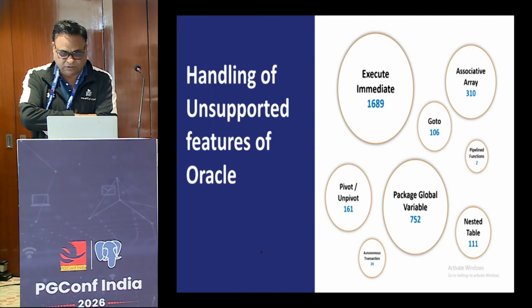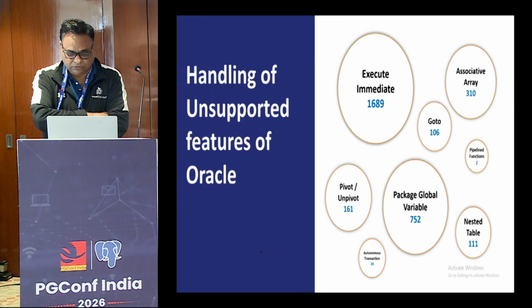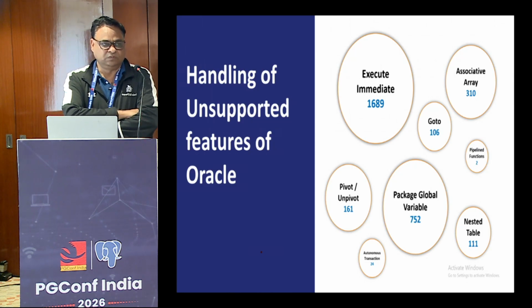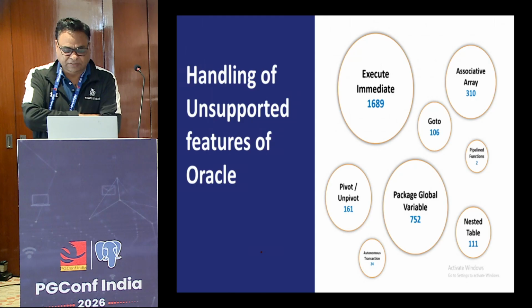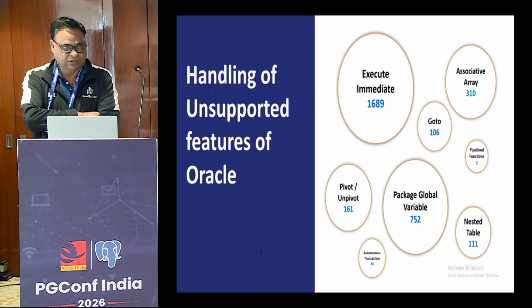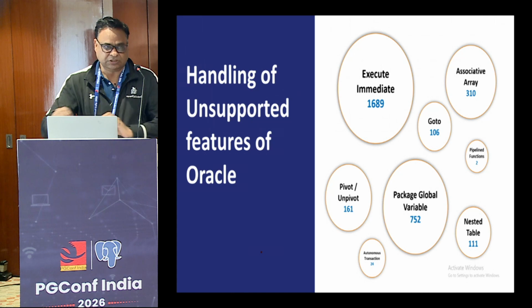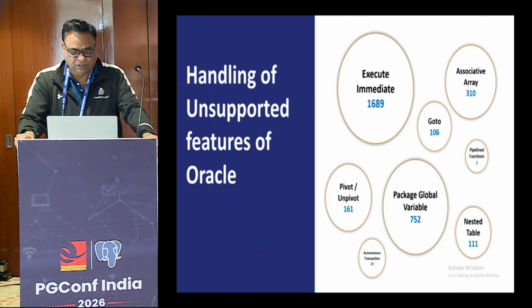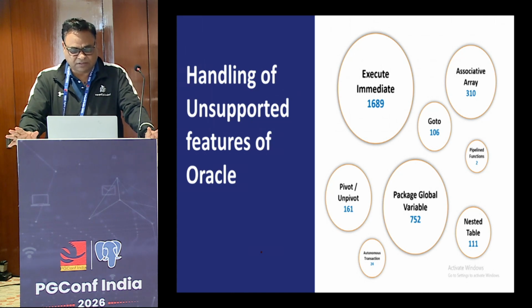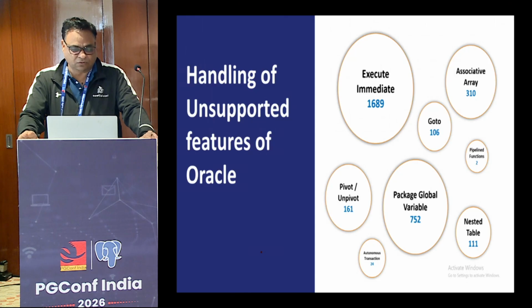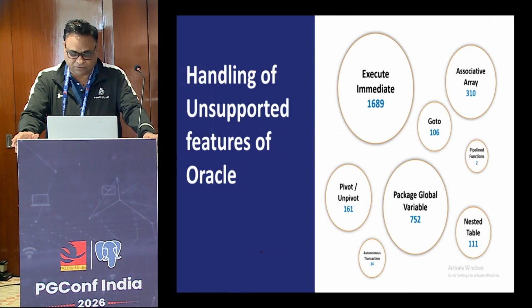For example, execute immediate, associative array, goto, and so on. Whatever tool we use has to identify those features, and then either convert those features into Postgres compatible features, or at least tell us that these are the features which the tool can't convert. You have to do manual conversion for that.